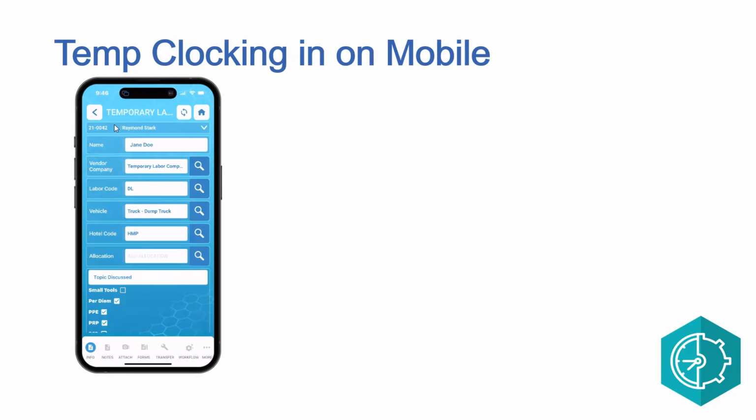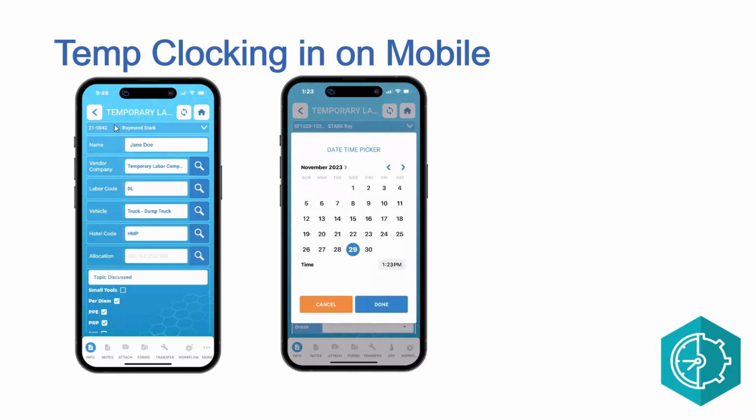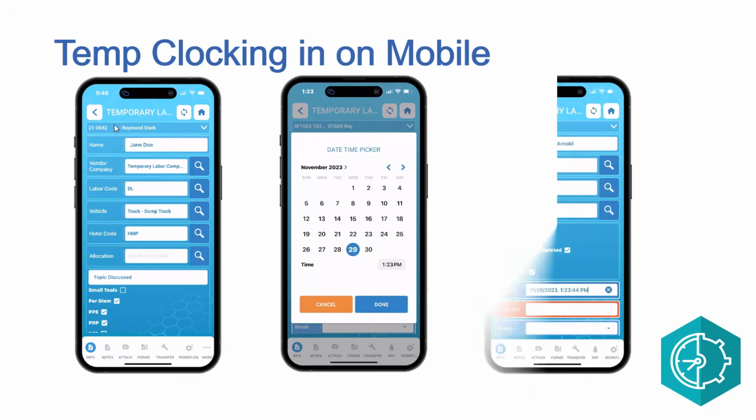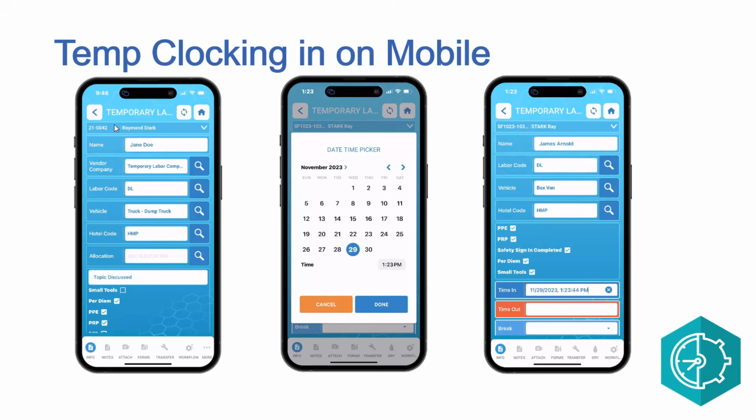That user can continue to select a vehicle, a hotel code, allocations, per diem, PPE, etc. inside the system. They can also then select their clock in time from the date time picker. Once all that information has been chosen, they can simply select Save.